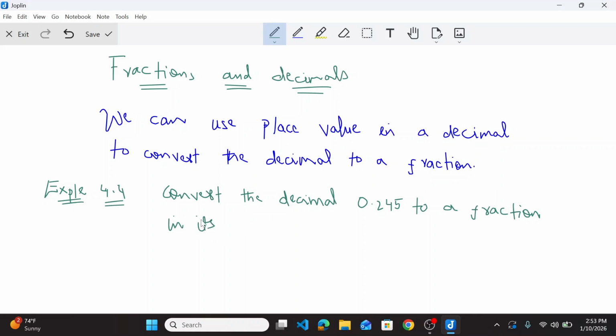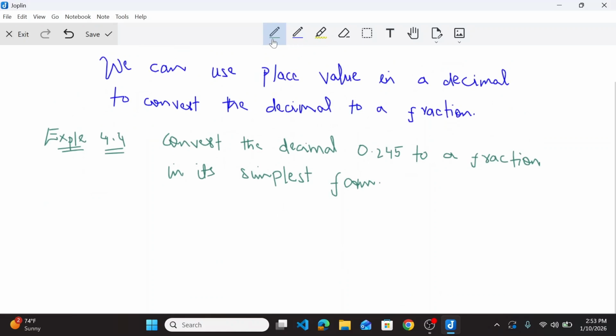We also want its simplest form. So first we will convert into the fraction, then using HCF we will convert it into the simplest form. Let's do it.